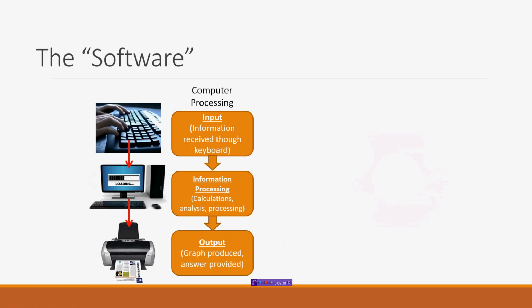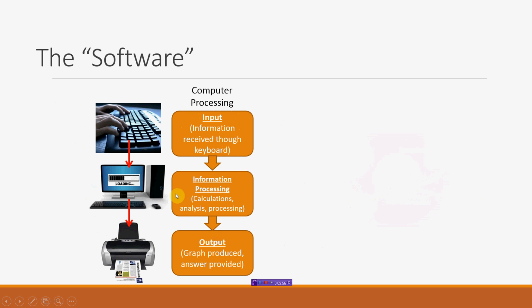The software is probably what we are more interested in as sports psychologists. So what we're interested in is what makes experts process information better than a novice. And as you can see here in this diagram, we have an input part. So in a computer analogy, you pressing the keys would give some type of input into the system.